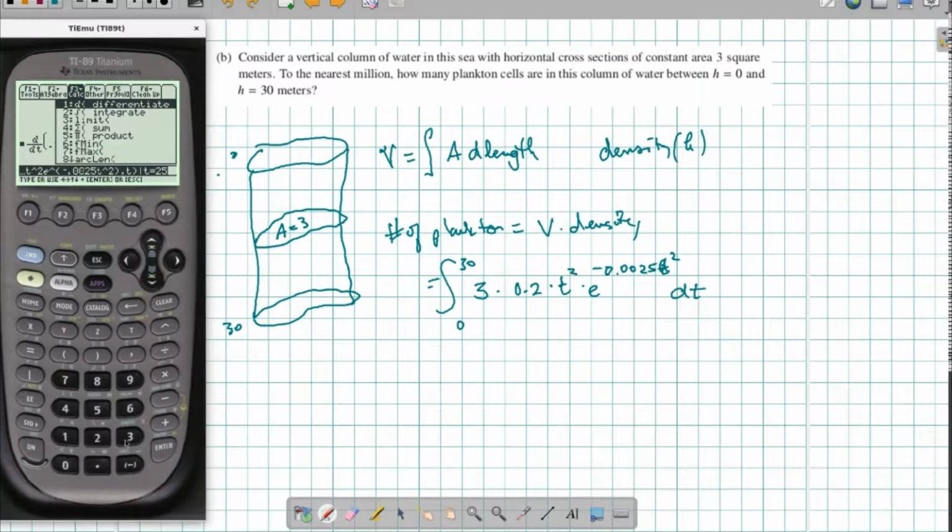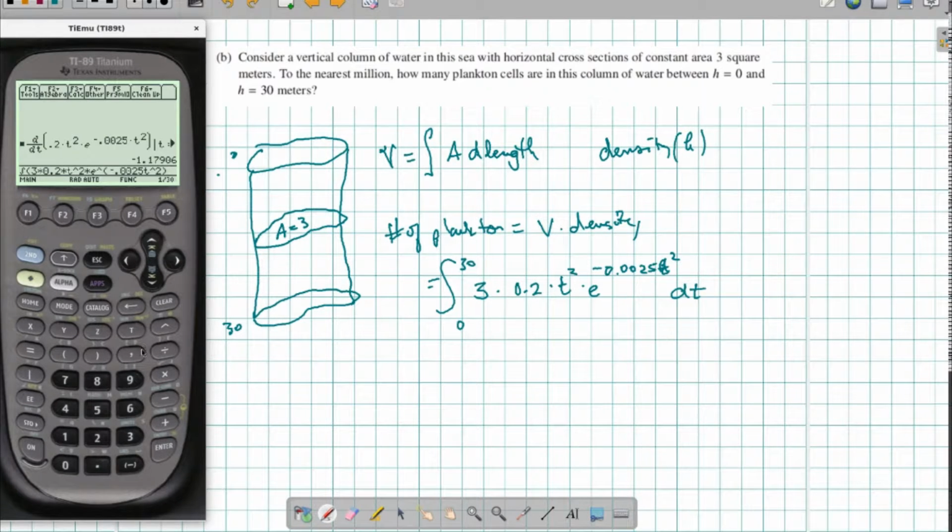So I'm going to do that integration. So we're going to do calculus 2. We're going to integrate 3 times 0.2 times h squared times e to the negative 0.0025 h squared.